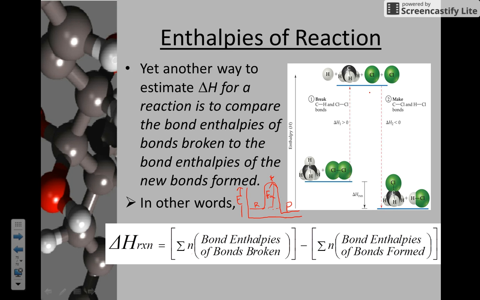Once the reactants have reached sufficient energy to break these bonds, then they're ready to form products. You'll notice the energy lowers until eventually it levels off. The difference between the reactant and the product here is your overall energy change. Notice the energy was lowered, the products were lower energy, so this is exothermic. So it will be given a negative delta H, and typically exothermic processes are thermodynamically favorable.